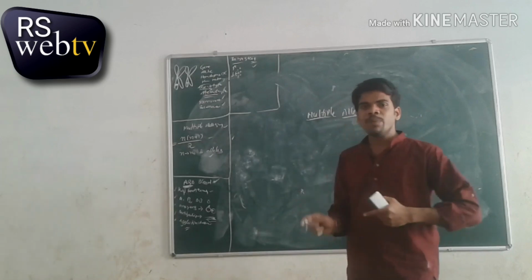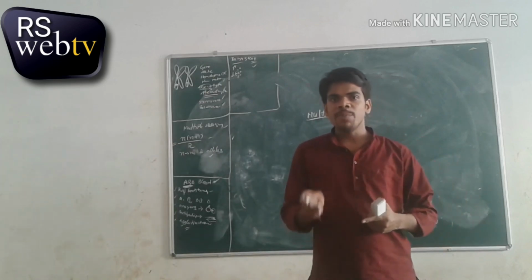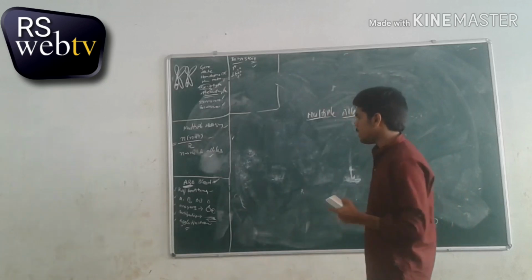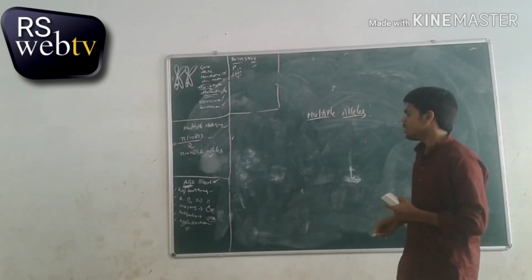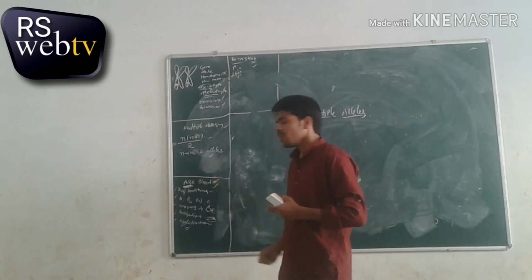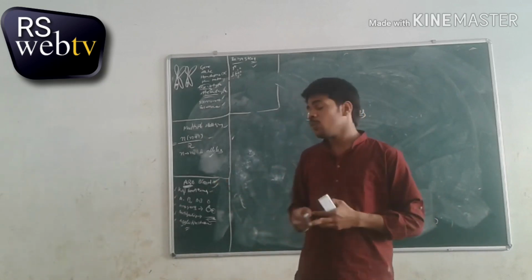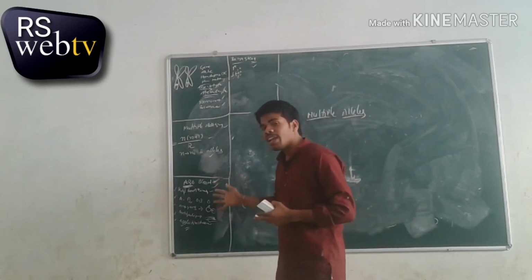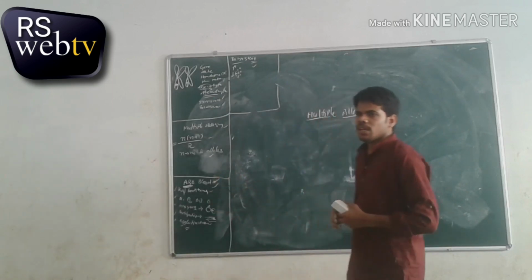Now come to multiple allelism. The well-known example for multiple allelism is the ABO blood system of human beings. Before going to know about the genetic basis of the ABO blood system, we must have a general idea of the ABO blood system.